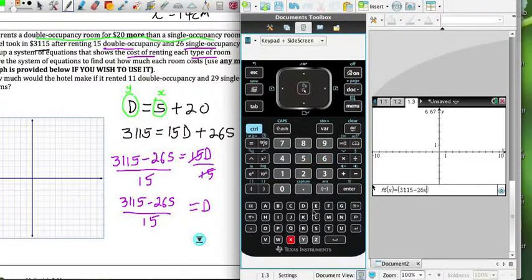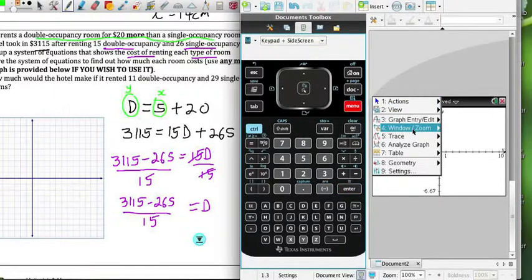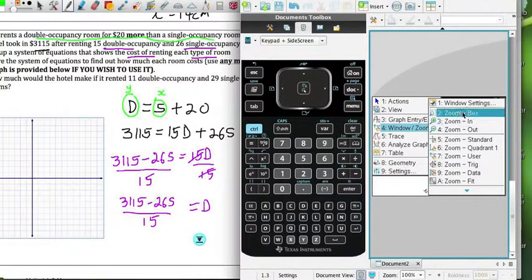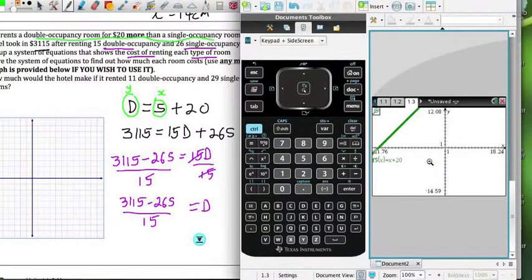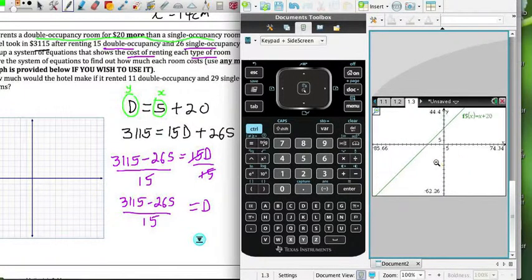Remember, I'm treating the s variable as x, and that is going to be divided by 15, and I'm putting both of them in parentheses because they're both being divided by 15. Once again, I hit enter, I don't see anything, and so now I'm going to go in and modify my window by zooming out in this case. And now we begin to see our graph.